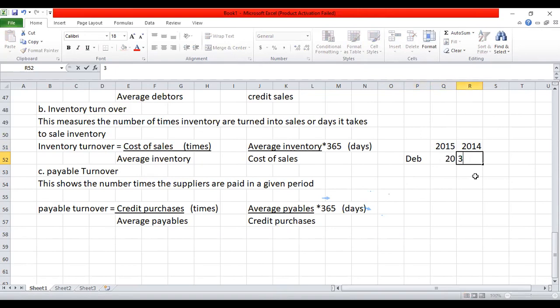If I'm analyzing 2014, I will not divide because I don't have the opening, so I will take this one as my average data. But when I'm analyzing 2015, I will get 20 plus 30, then divide by 2, and I get the average. I hope I've answered you. It's the same with inventory. It's the same with payables.